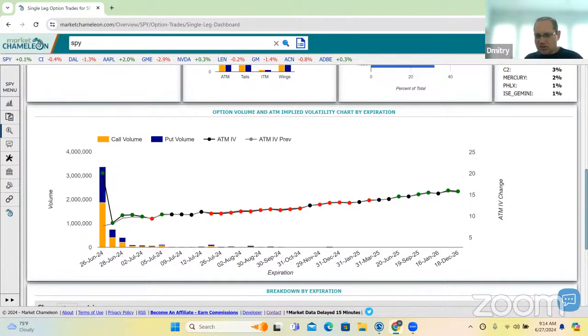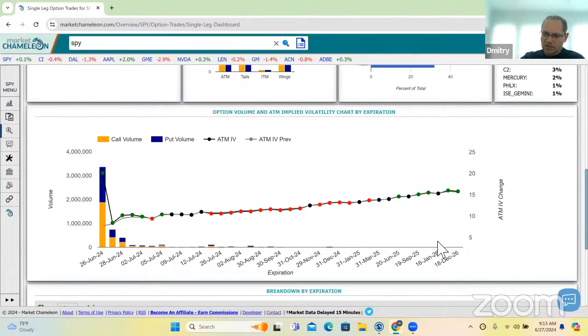It doesn't look like anything significantly changed because the lines are very close together. Although it looks like maybe right here in the intermediate term, the implied volatilities came in slightly, but they did increase out here in the longer term. But there's no real significant volume there either as we go out in time.